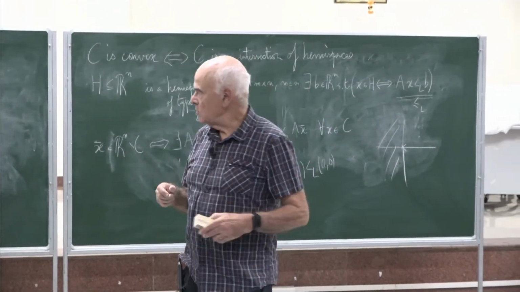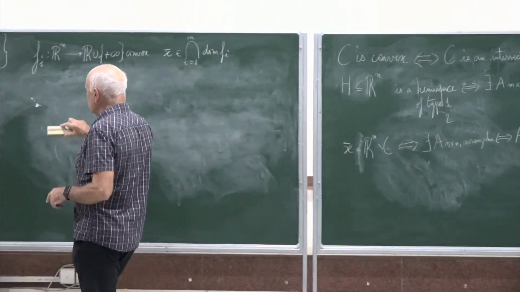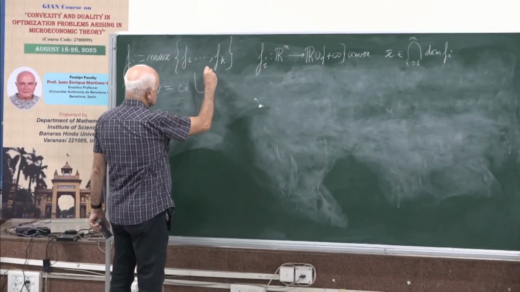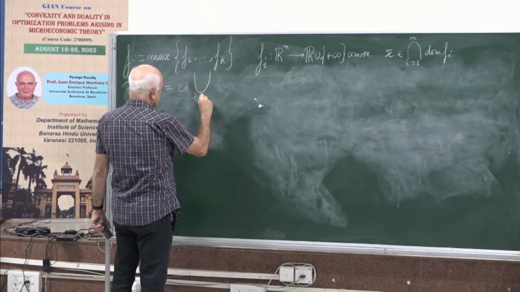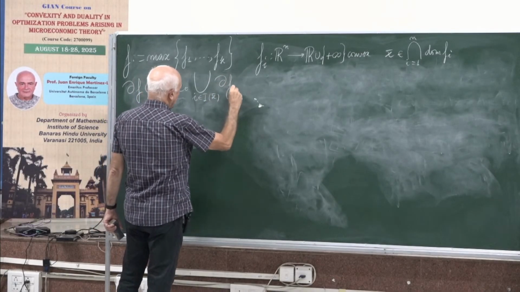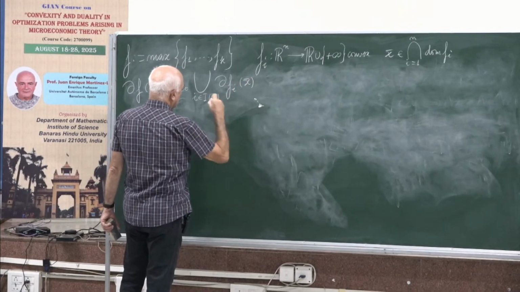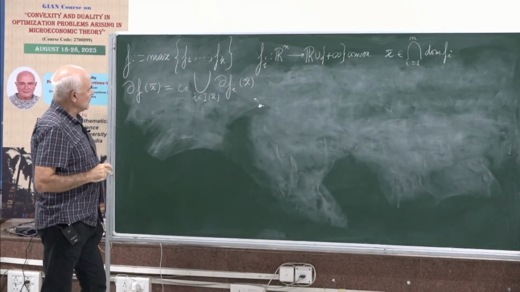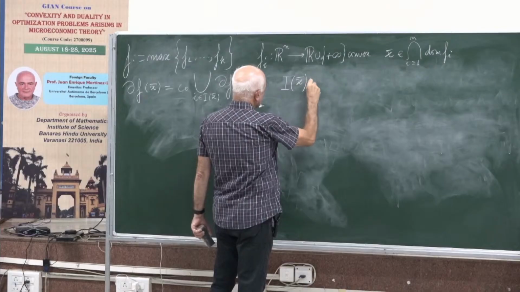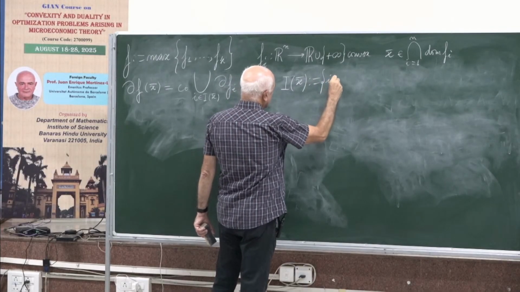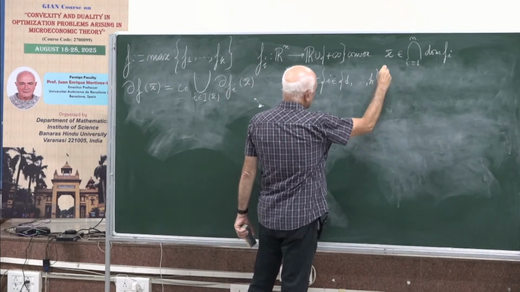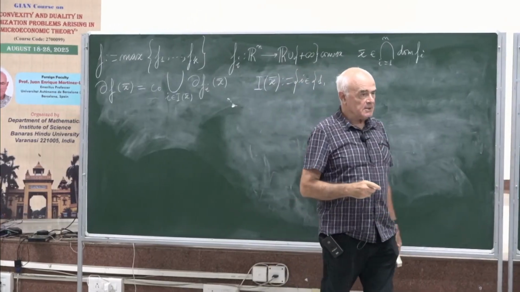CO, just CO. Okay, so it's the convex hull of the union over i in I of x bar of the subdifferential of f_i at x bar, I of x bar being the set of i between 1 and k for which the maximum is attained.